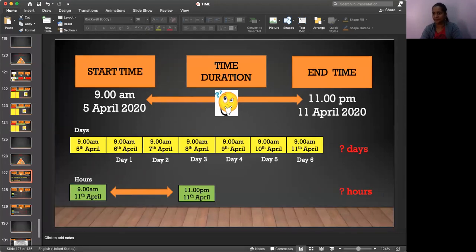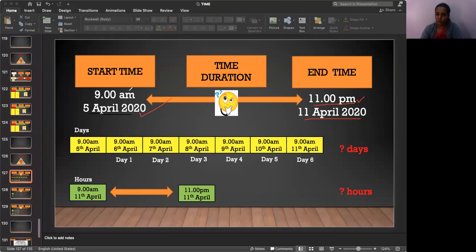Now, what if we were given, say, 5th April at 9 a.m.? An event started on the 5th April at 9 a.m. and ended on 11th April at 11 p.m. Now that's very precise. In the previous examples, we calculated time duration in hours and minutes, like 9 o'clock to 11 o'clock.